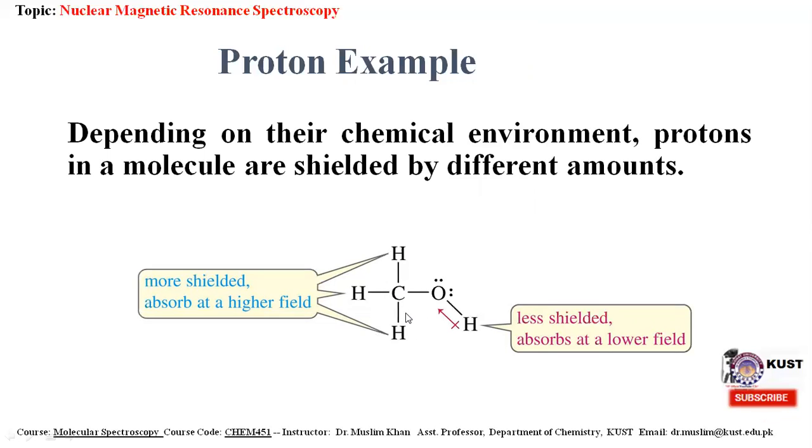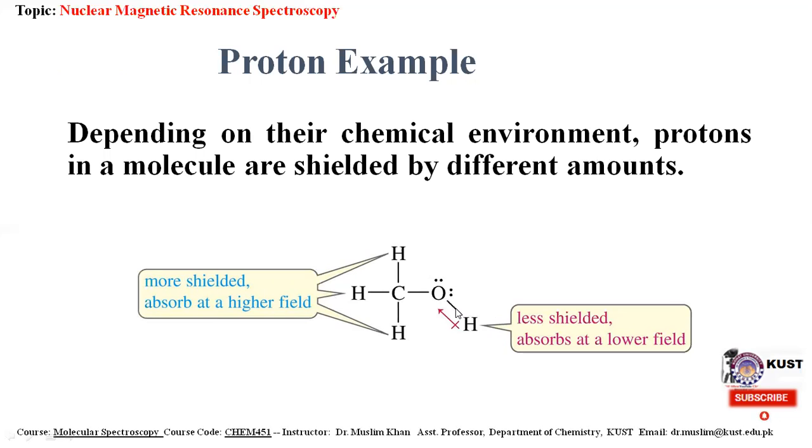On the other hand, because it depends on their chemical environment, protons in a molecule are shielded differently. This proton is bonded to an oxygen atom. Oxygen is the second most electronegative element in the periodic table.